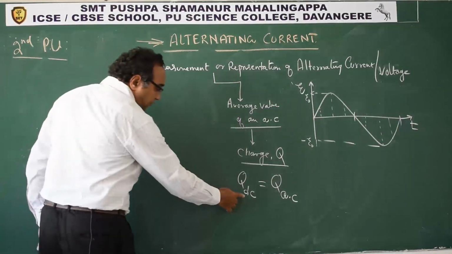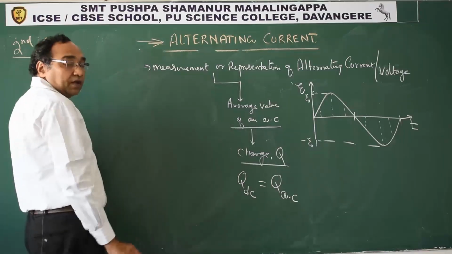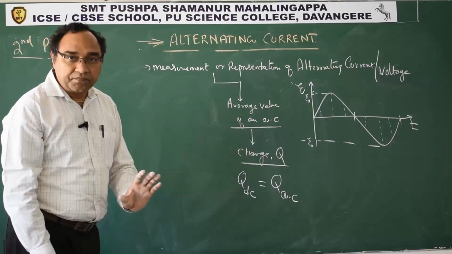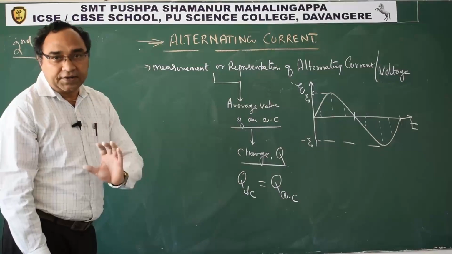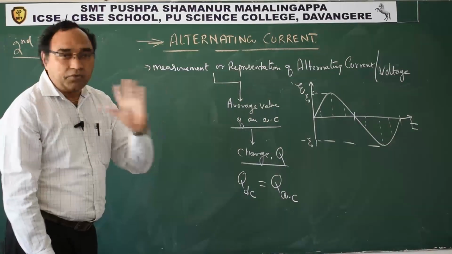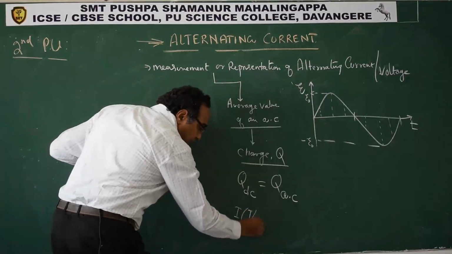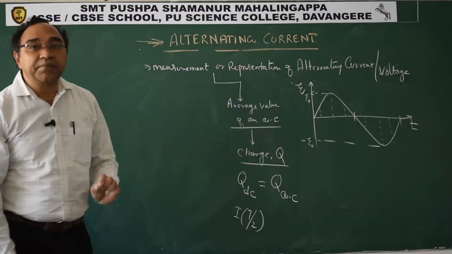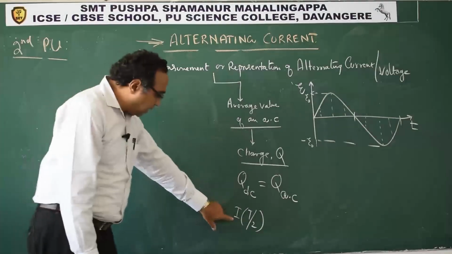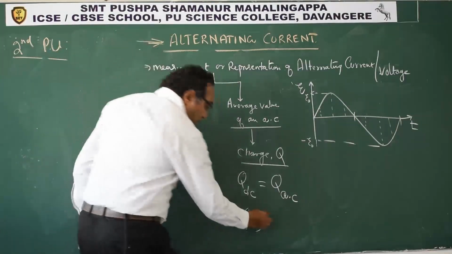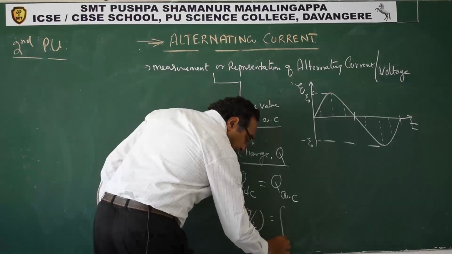Mathematically, we have Q for DC. Q is what? I into T, because I is Q by T. So Q is I into T. Let us say we are taking a half cycle, so the time is T by 2. In AC we will again have integration.